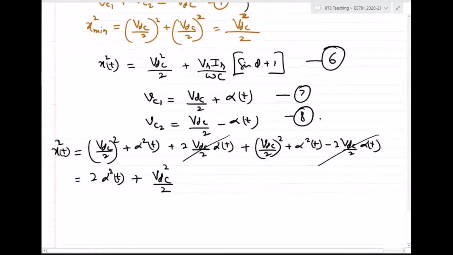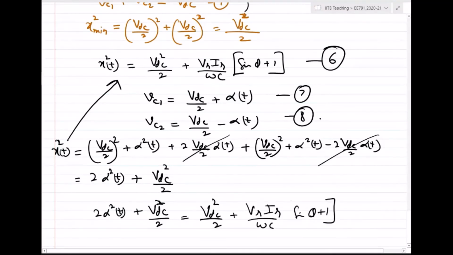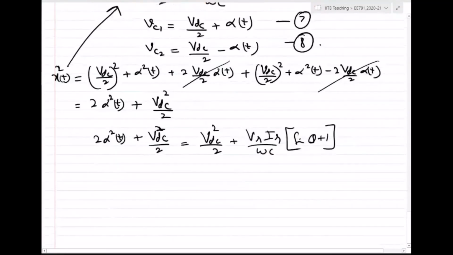If I substitute this into equation number 6, then what I get is 2 alpha square t plus VDC square by 2 is equal to VDC square by 2 plus VR IR upon omega c sine of theta plus 1. Again, this will cancel out. What I will get is alpha square of t is equal to VR IR upon omega c sine of theta plus 1.